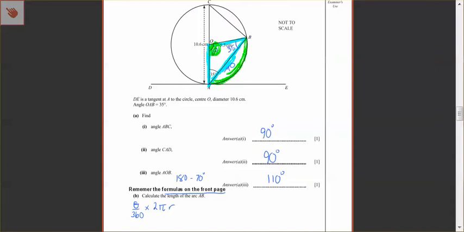So what we have is 110 over 360 times 2 times pi times r, where r is 5.3. When we get the answer, we need to calculate that.